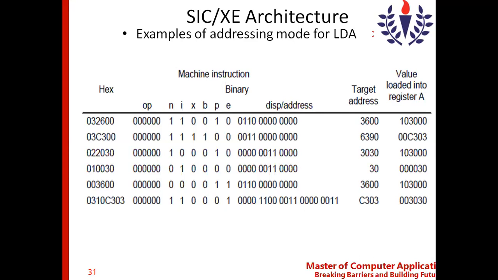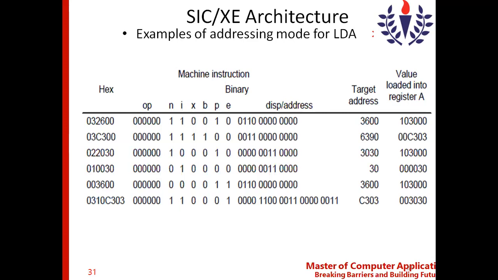In direct addressing, the formula to calculate TA is equal to address. So in the address field, whatever we have, that will become our TA, that is target address. So what is there in the address field? We have 4 zeros, then 1100, then 0011, then 4 zeros again, then 0011. So these are the address field.